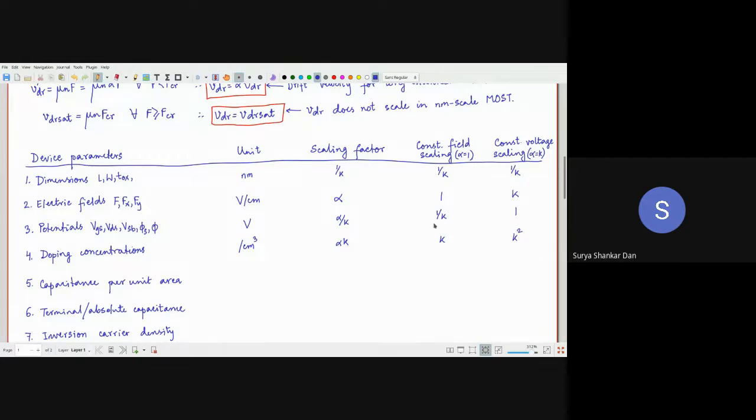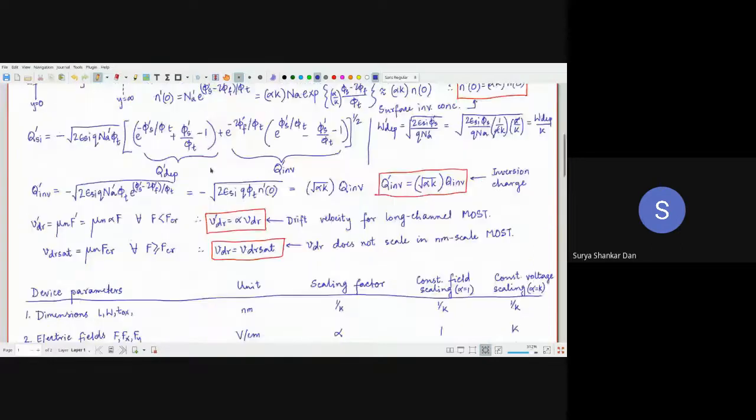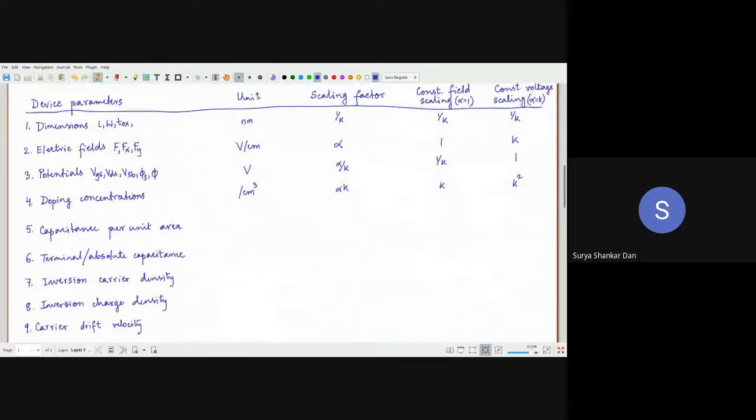All right, capacitance per unit area. K into Cox. So the factor was K. So clearly, capacitance per unit area, what will be its unit? Simple, farad per centimeter square. What are the various quantities which will essentially have these units?